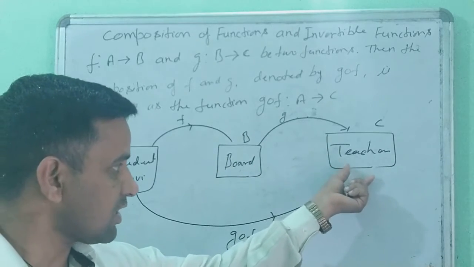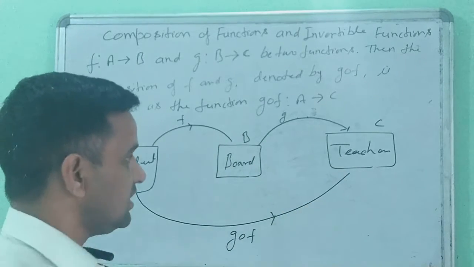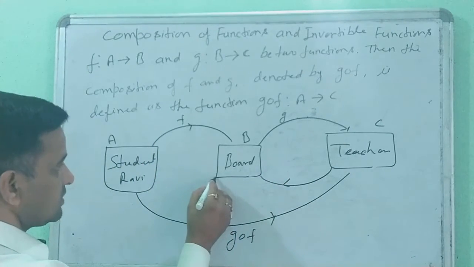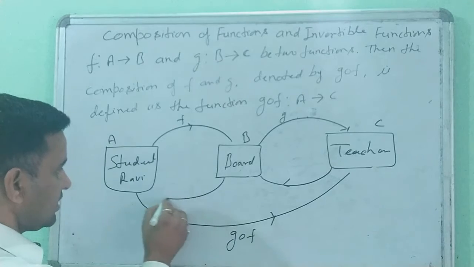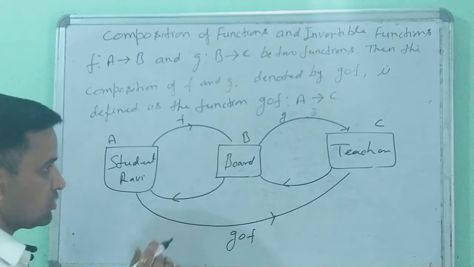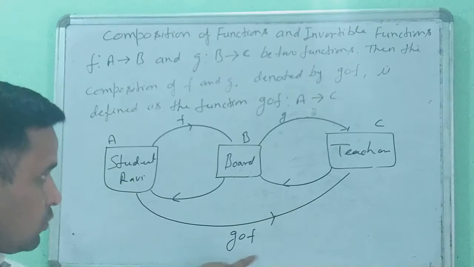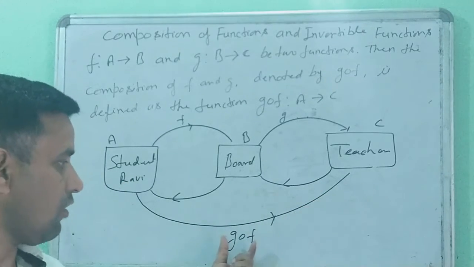The teacher checks your paper, gives it back to the board, and the board sends the result to you. This is the process of the functioning. But the direct relation from student to teacher is called the gof relation.